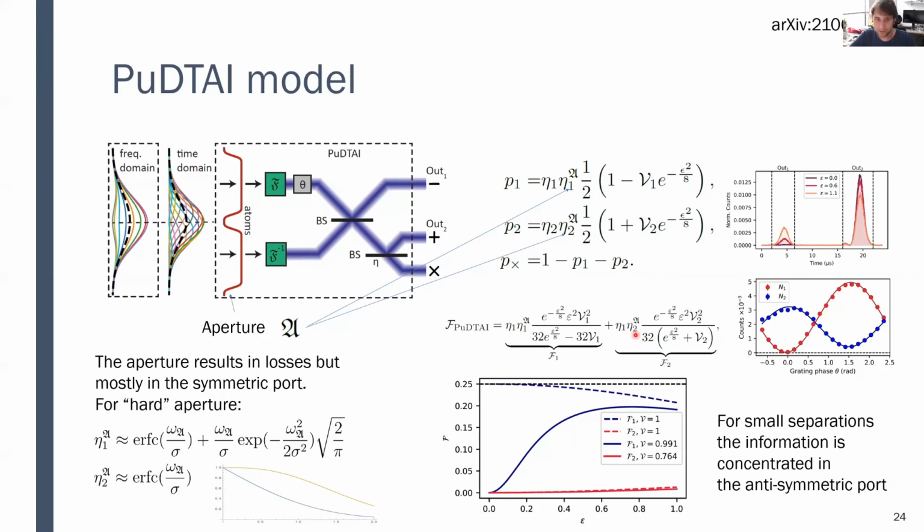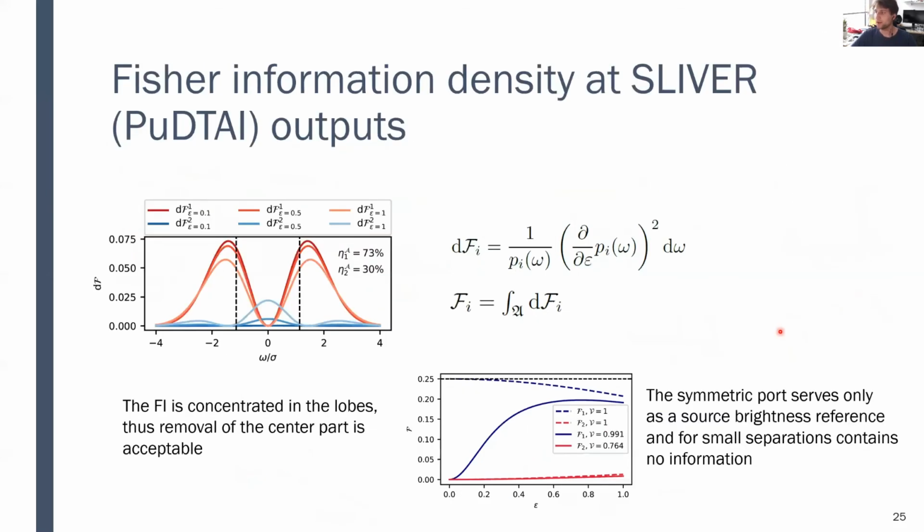This is also thanks to a very high visibility of this interference, as it is all implemented within a single atomic ensemble. So we get more than 99% visibility. Finally, we see that very little information is contained in this part that we lose, which is again related to the shape of the atomic ensemble.